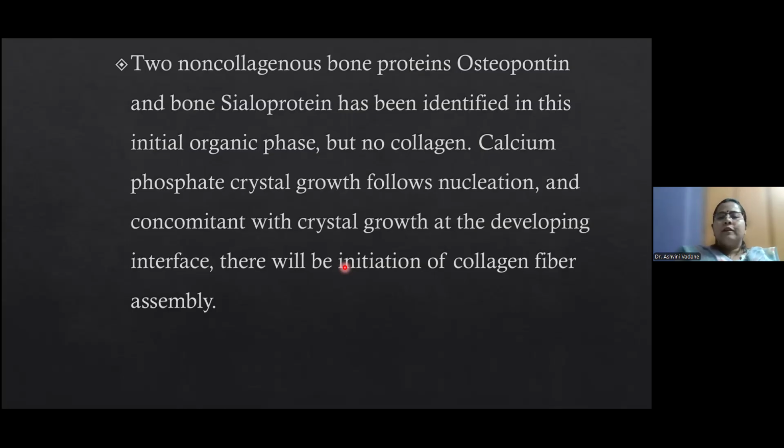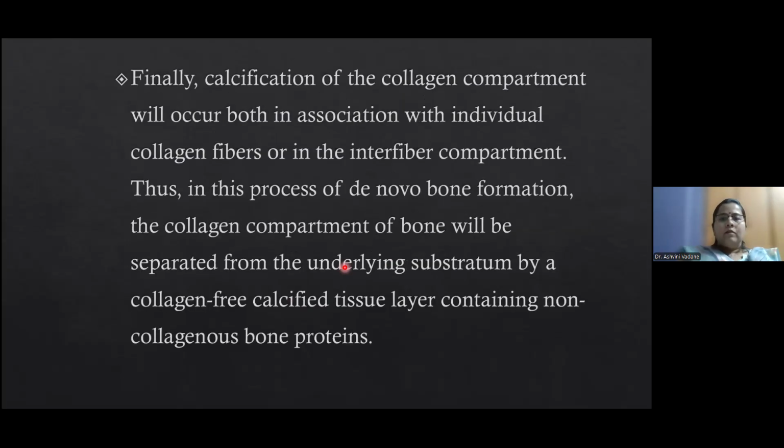The calcium phosphate crystal growth follows the nucleation, and concomitant with the crystal growth at the developing interface, there will be the initiation of collagen fiber assembly. Finally, the calcification of the collagen compartment will occur both in association with the individual collagen fibers or in the interfiber compartment.